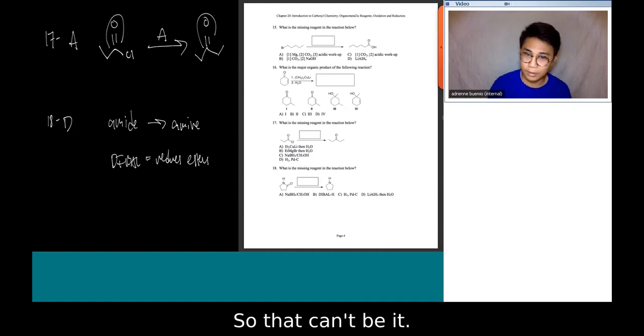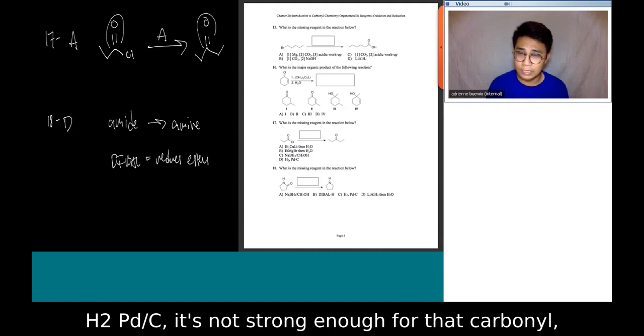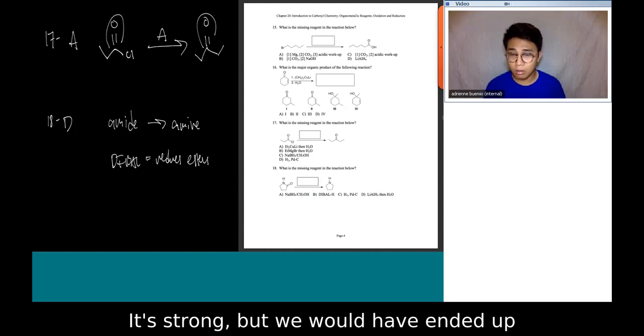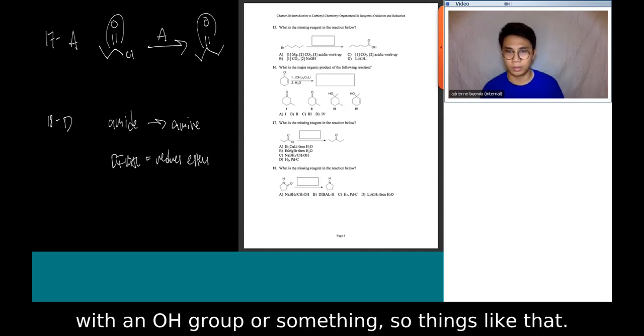Esters, so that can be it. H2PDC, it's not strong enough for that carbonyl, right? Same with NaBH4, right? It's strong, but we would have ended up with an OH group or something, right? So things like that.